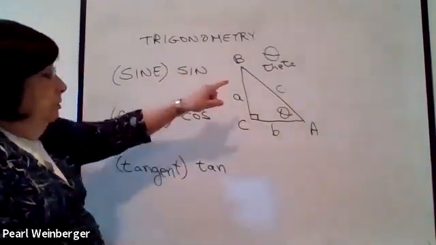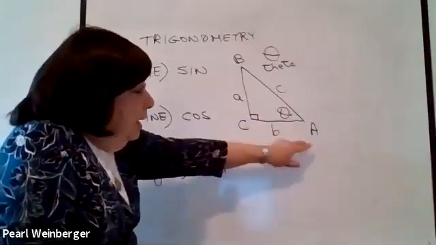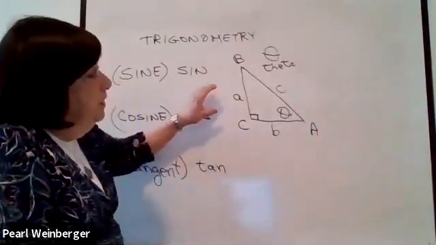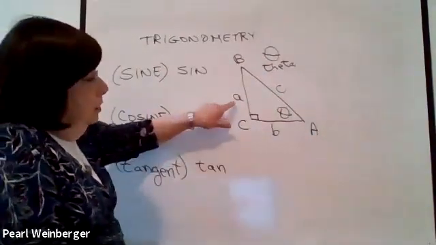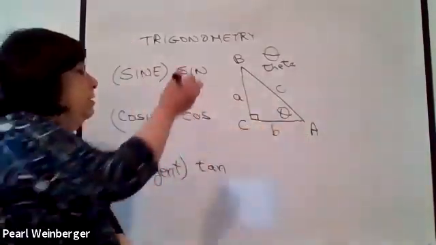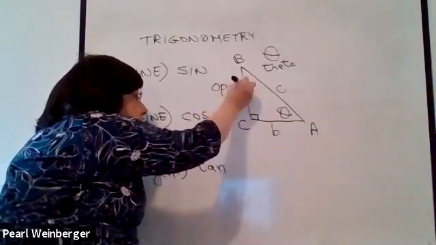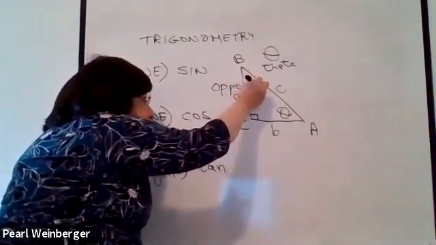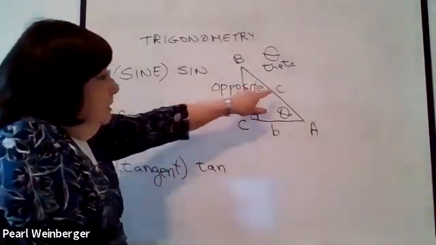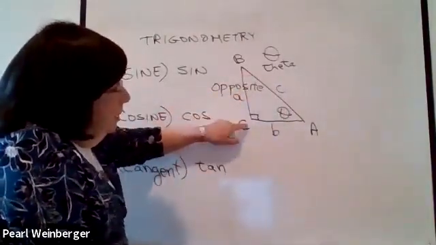Let's look at this angle A or this angle theta and label the sides relative to the angle. Well, side A is directly across from angle A. So this is called the opposite leg. This side is right across from the right angle.